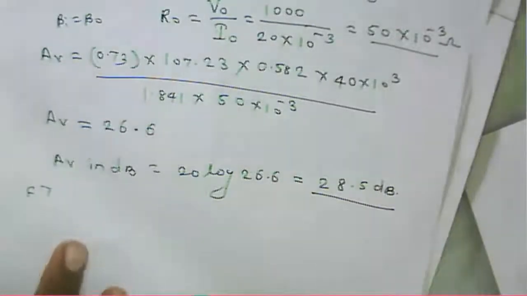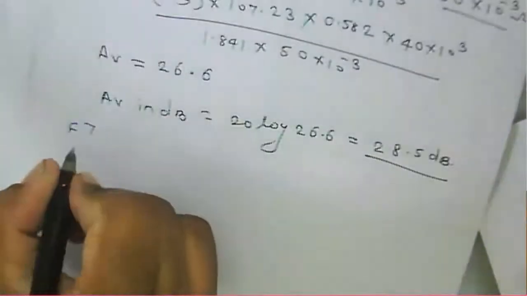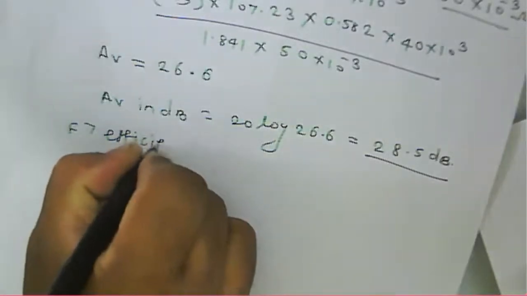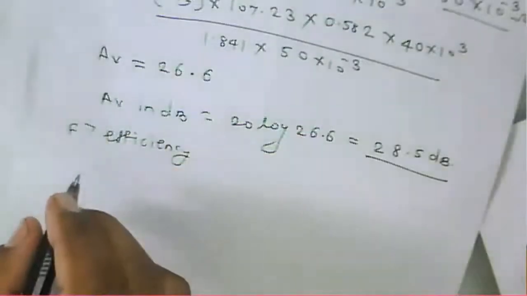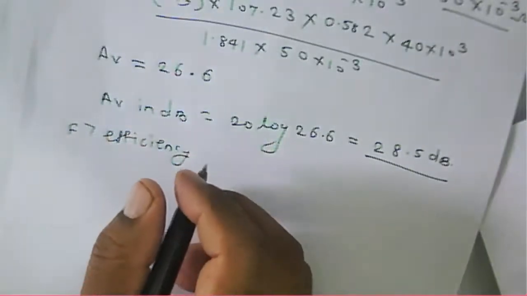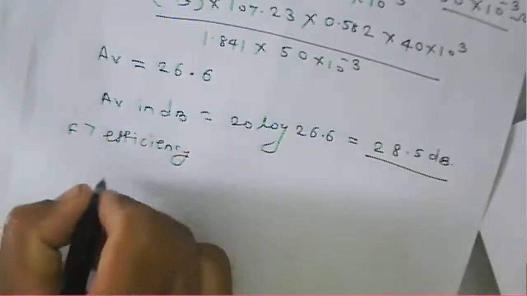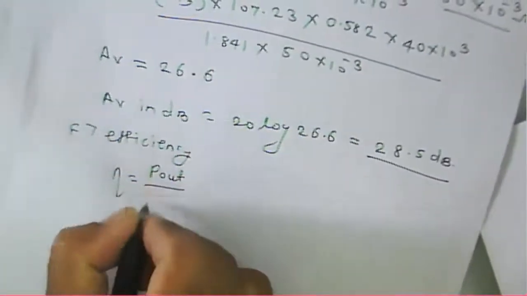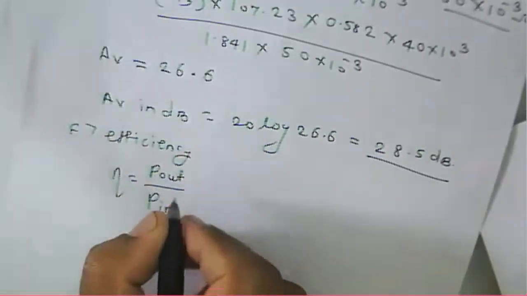Next, we need to find out what the efficiency will be. So efficiency is nothing but the output power divided by the input power.